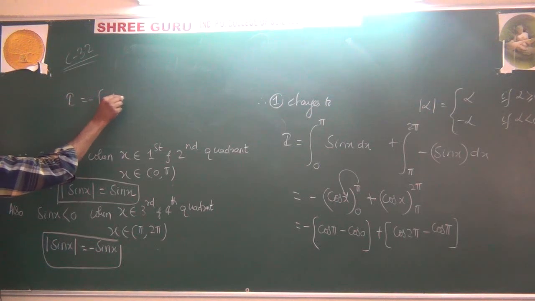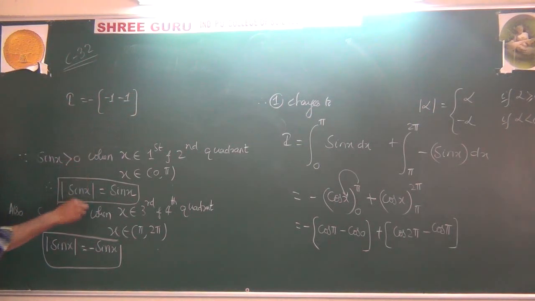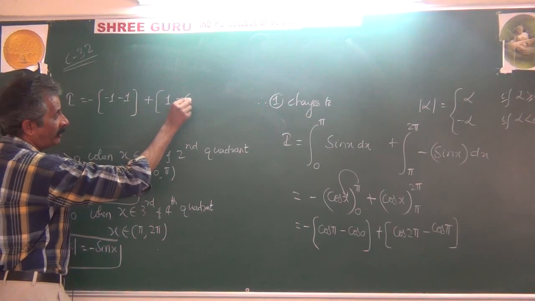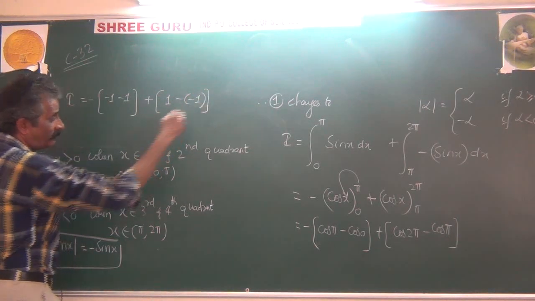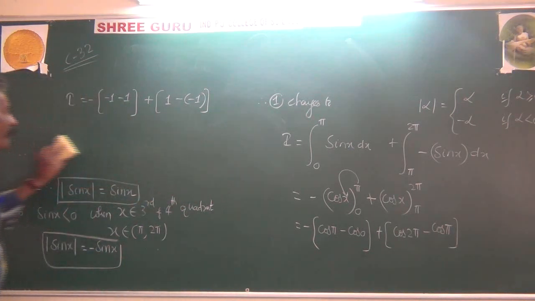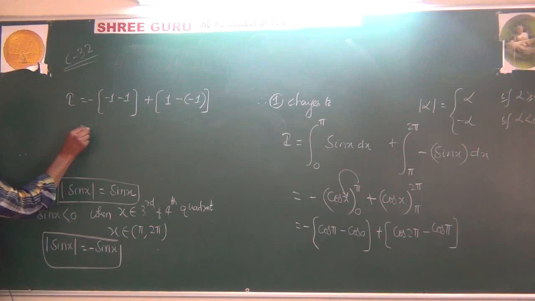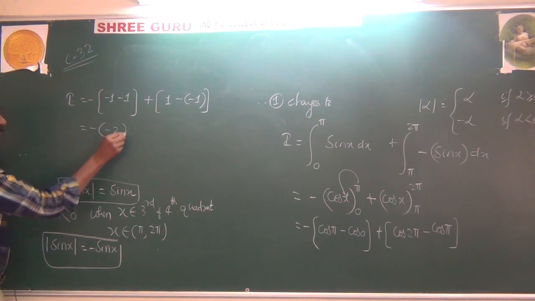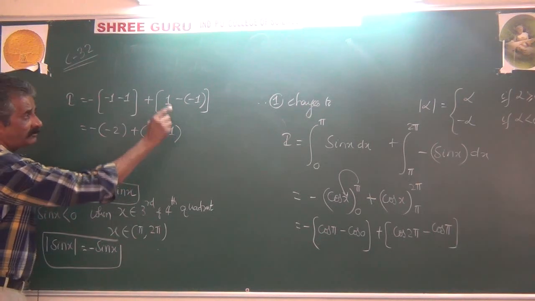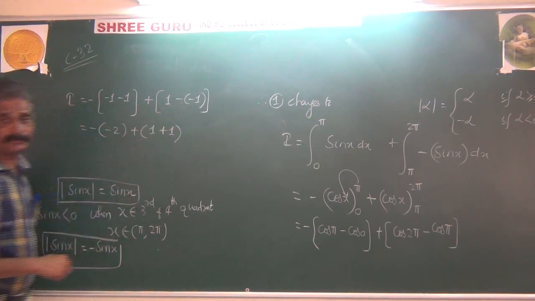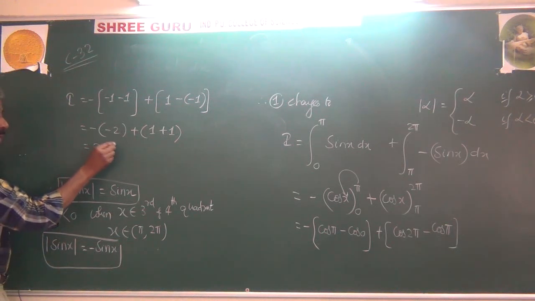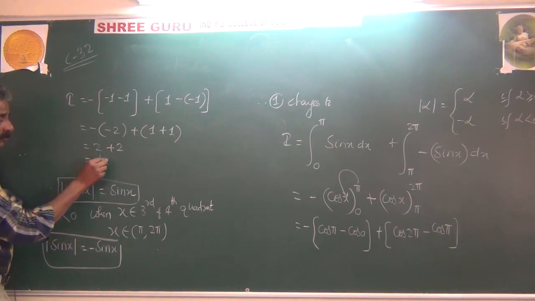Cos pi value is minus 1, cos 0 value is 1, cos 2 pi value is 1, cos pi value is minus 1 from trigonometry. That is minus of minus 2, 1 plus 1, because here minus into minus becomes plus, that is plus 2, that is equal to 4.